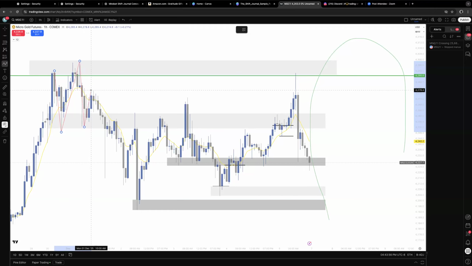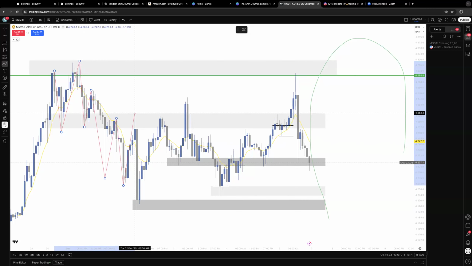As you see, we make this lower high, and then price just went all the way down to here. If you want to mark everything, you can. So you can mark this low, come back up to this one, come back down to here, come back up to here, right? Most people would probably look at this and be like, oh, it broke structure.